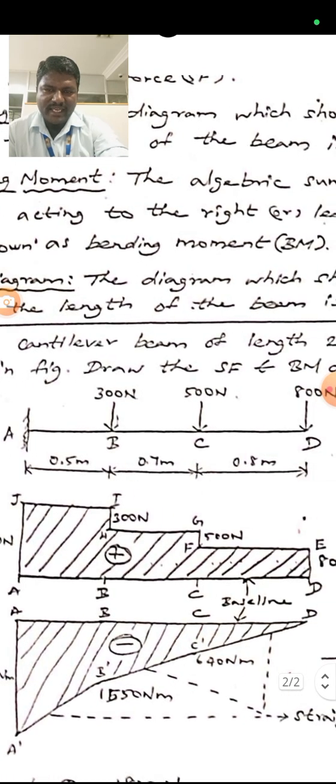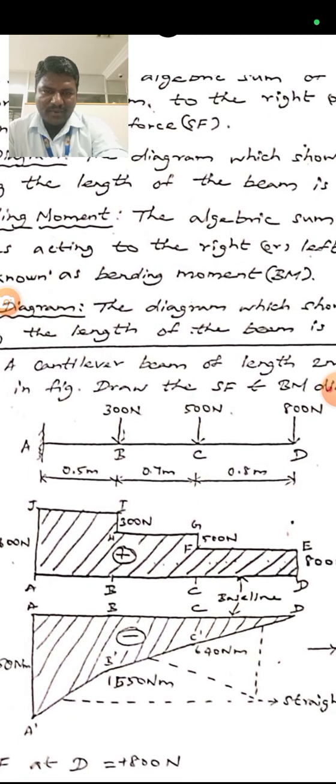Going to point A: on the right side of A, there are three loads. First, the load at D is 800 Newton downward, and right side clockwise rotation is negative, so minus 800 into 0.8 plus 0.7 plus 0.5, totally 2 meter. Then point C: minus 500 into 0.7 plus 0.5, which is 1.2 meter.